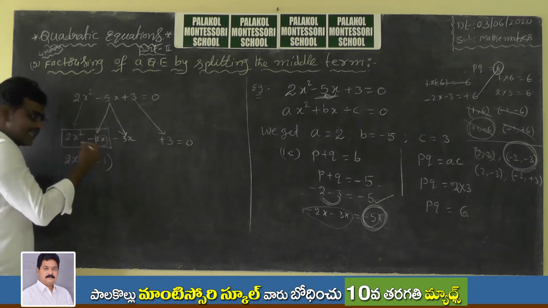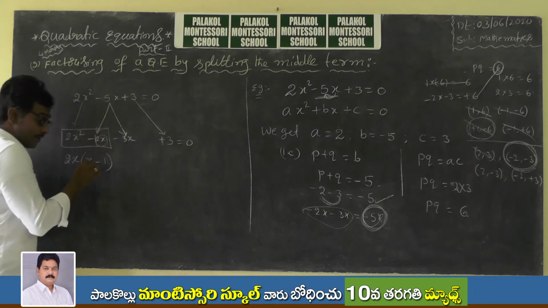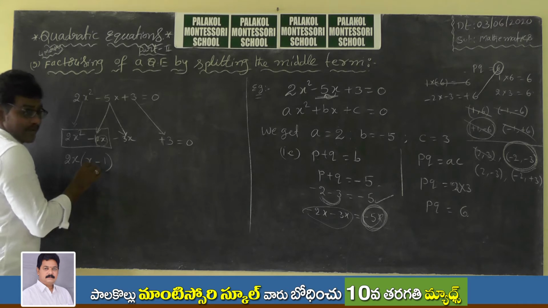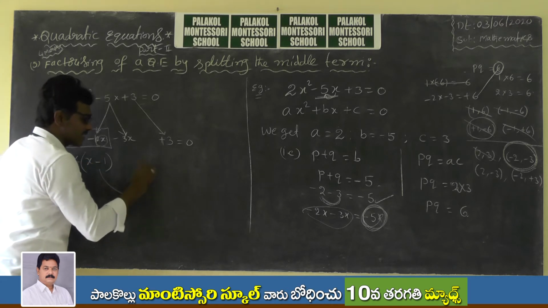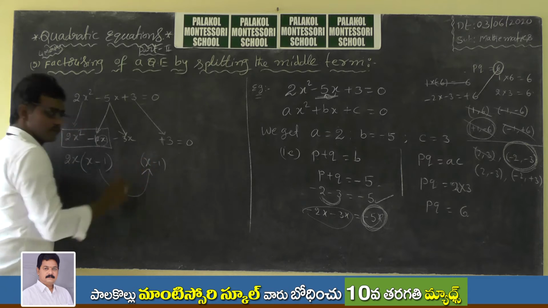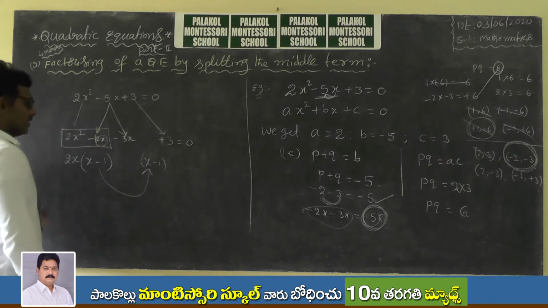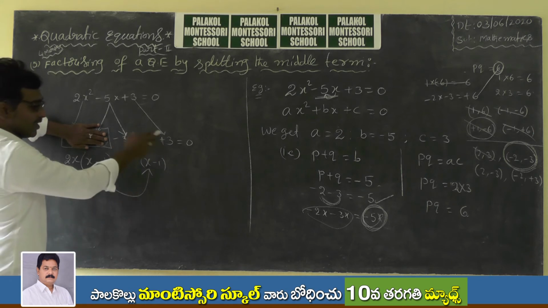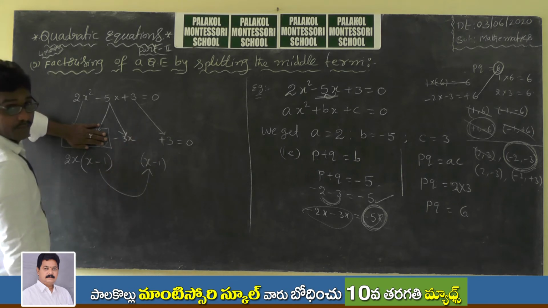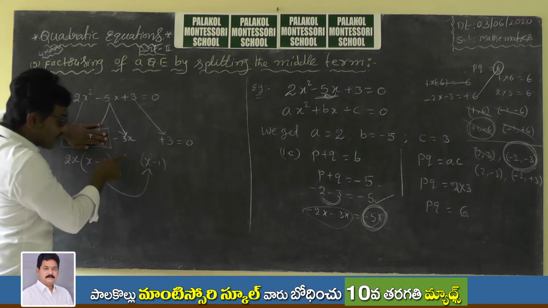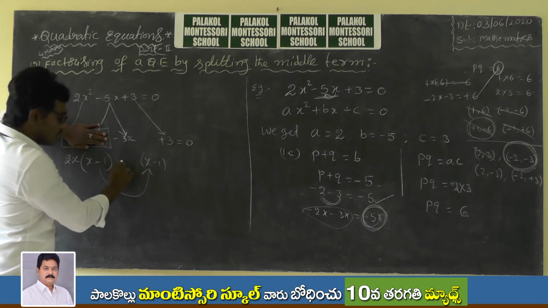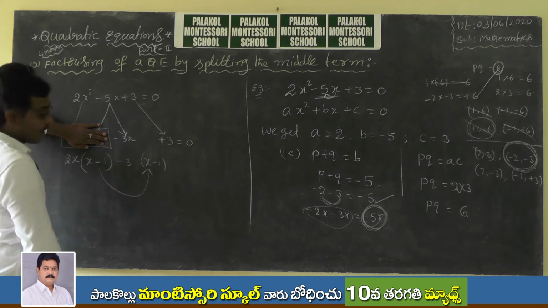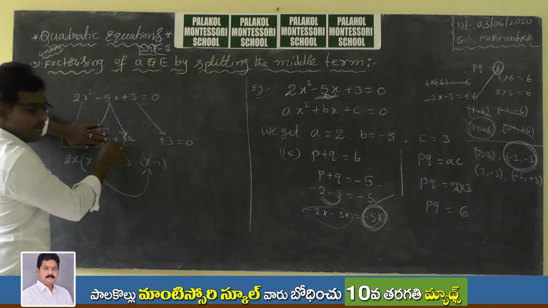That's what I write here. In the bracket, which term is there? x minus 1. Again repeated, that's x minus 1. Okay, these 4 terms are enough. How many terms remain here? Again 2 terms remain here. So which term do you write here? Minus 3. Check it. Why? Because here the x coefficient is minus 3.